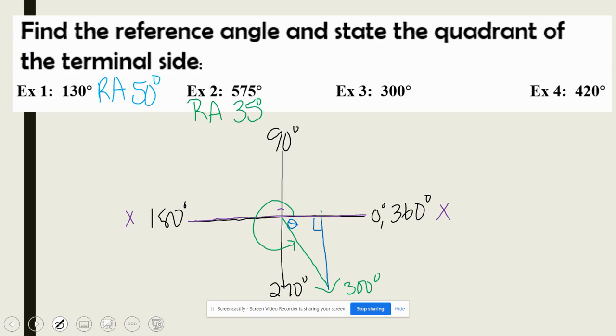So we went from 300 up to 360. We're in quadrant 4. 360 minus 300 is 60 degrees. So our reference angle here is 60 degrees. 60 degrees is between 0 and 90 degrees, so it works.